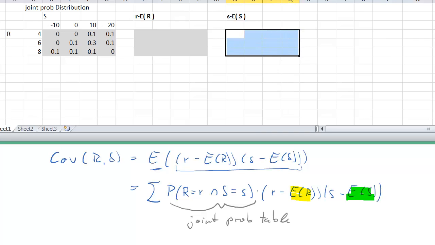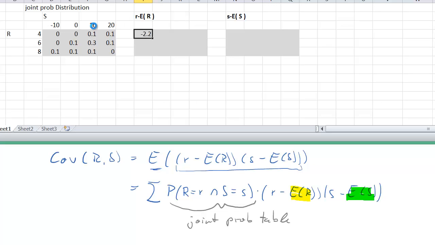Let's shade that first in gray. So here these values we need. If R is equal to 4, what is 4 minus the expected value of R? The expected value of R is of course 6.2, so it's 4 minus 6.2, and that is negative 2.2.